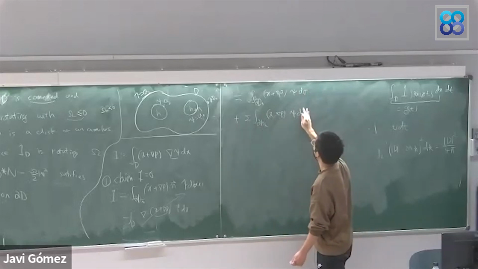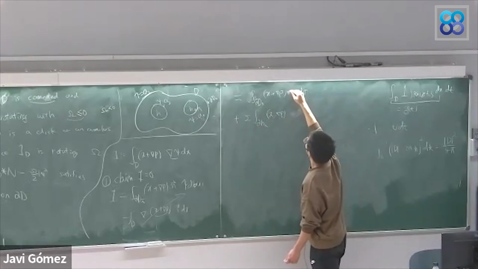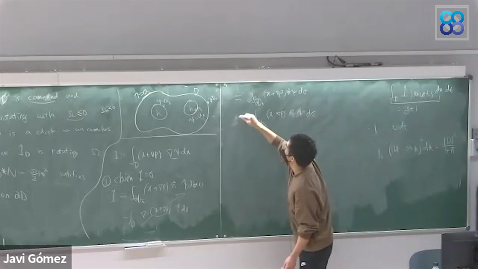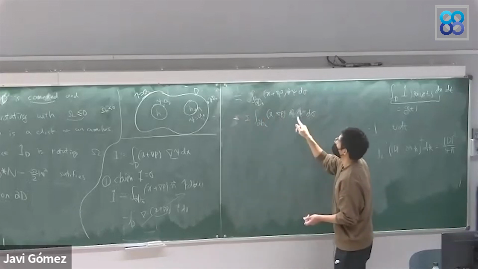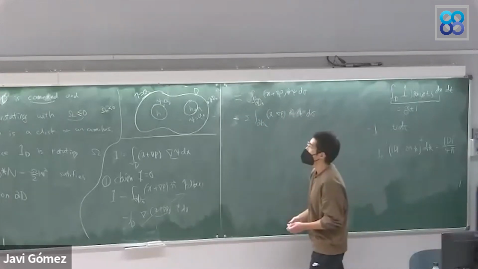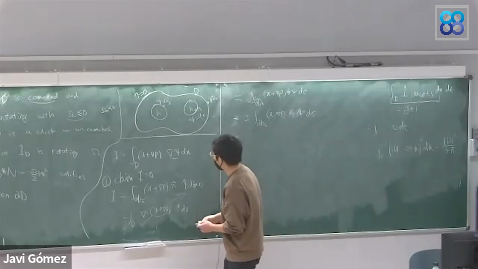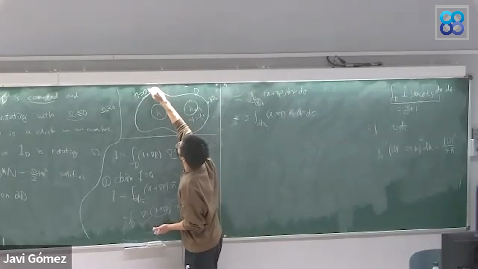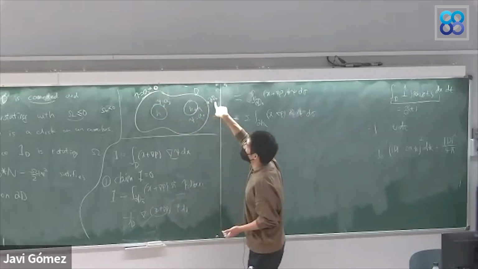And wait, the normal vector, we have to put the negative sign here, right? Because the direction of the normal vector changes. And here I forgot to mention, but without loss of generality, we can assume that psi, this constant, is 0 on the outermost boundary.